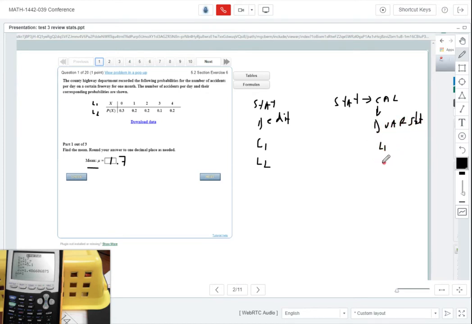We made sure L1 and L2 were in there. And we found this number on our calculator after we hit enter a couple of times. It should have said 1.7. So that's how we did that on our calculator. All right. So let's try the next slide.